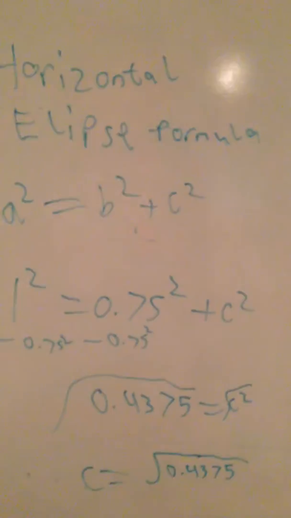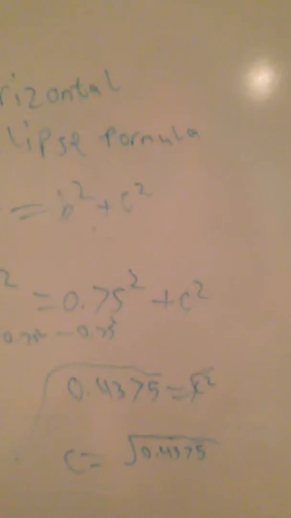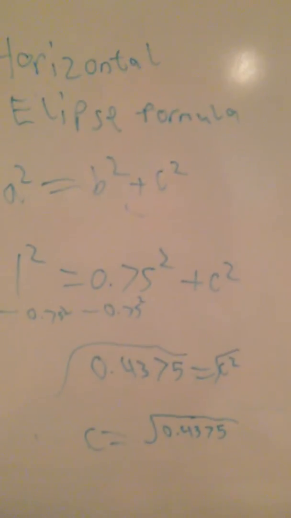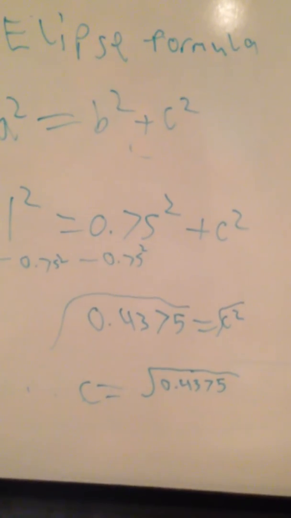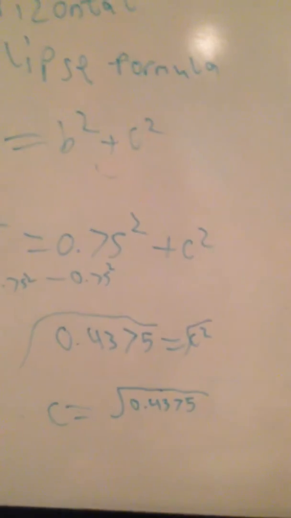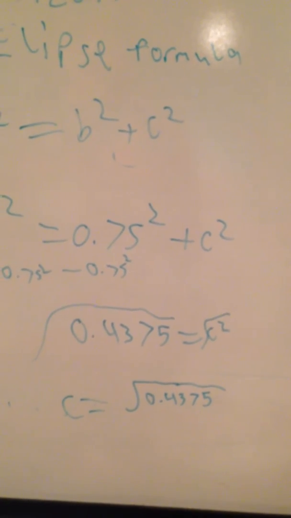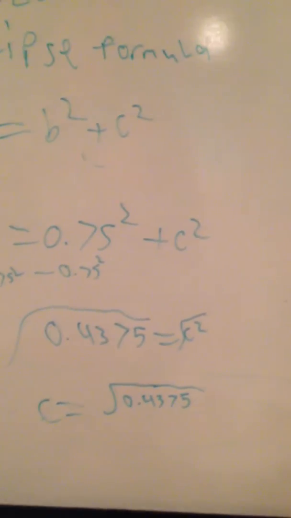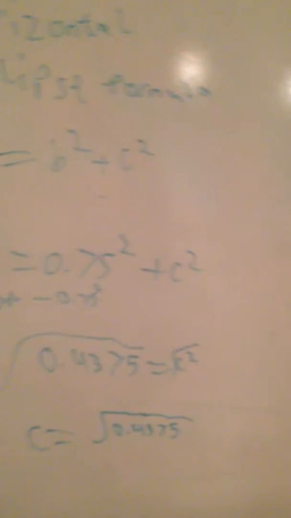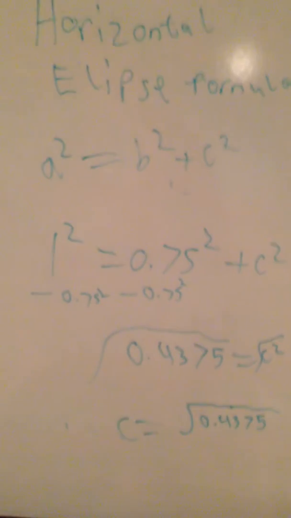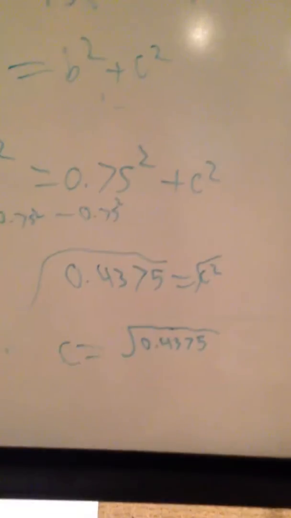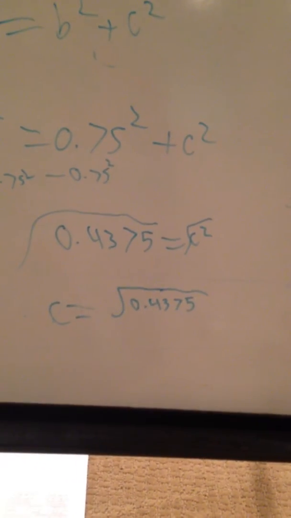So c squared is equal to 0.4375, so go find the square root of that, and c is equal to the square root of 0.4375. And you don't have to worry about plus or minus, because c can't be negative in this case. And anyway, for the formula of the foci, it has plus or minus in there. So just worry about getting c is equal to the square root of 0.4375.